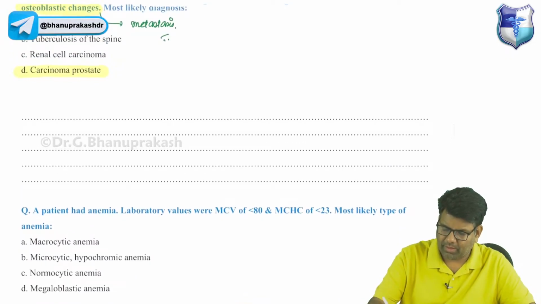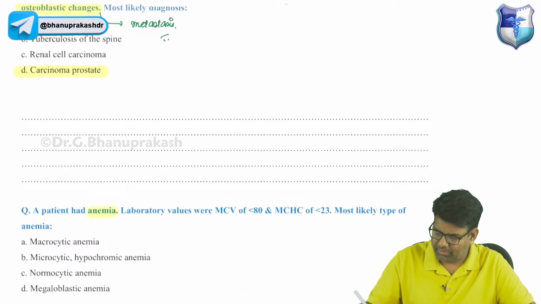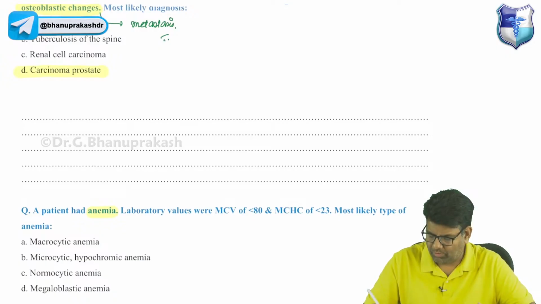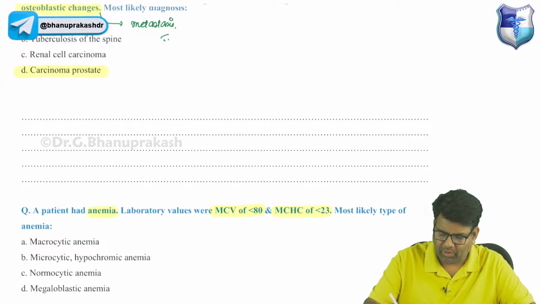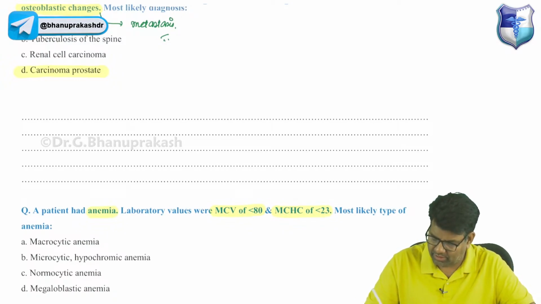Next question. Patient had, when you do blood parameters, you found that MCV was less, MCHC was also less. Now, what kind of anemia is this? If MCV is less, it means the RBCs are of small size.